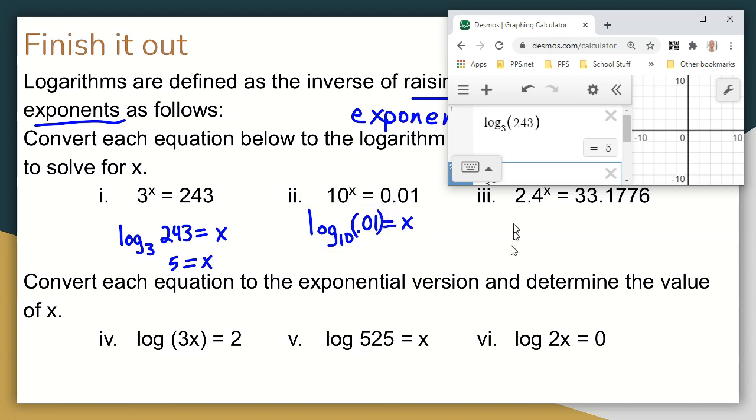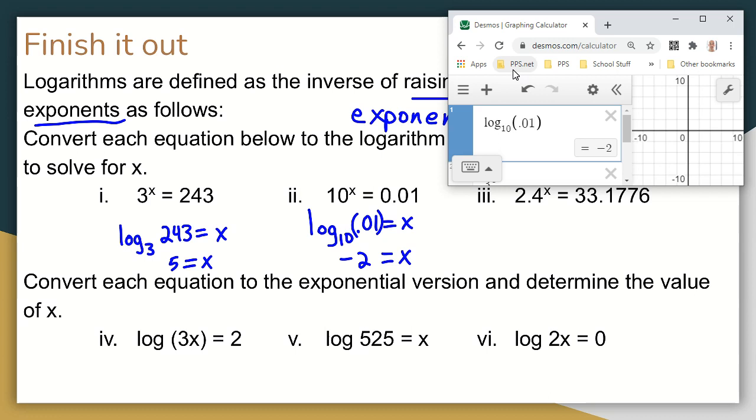Okay. Now I can go into my calculator and change it to log base 10 of 0.01. And it's -2. So here we have x is equal to -2.